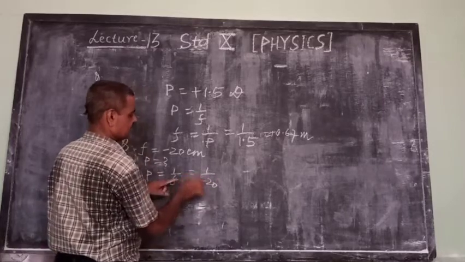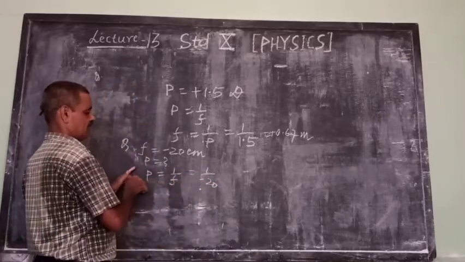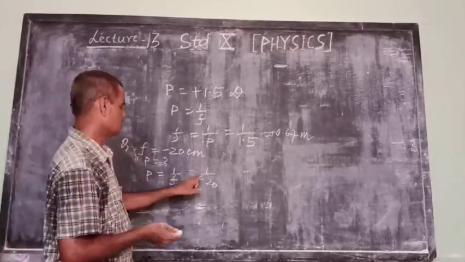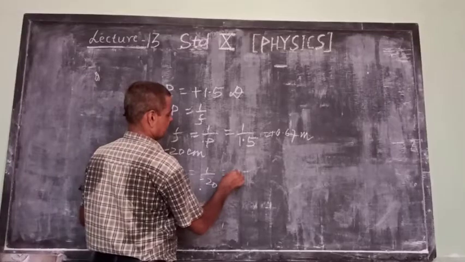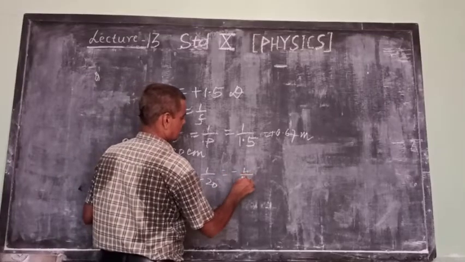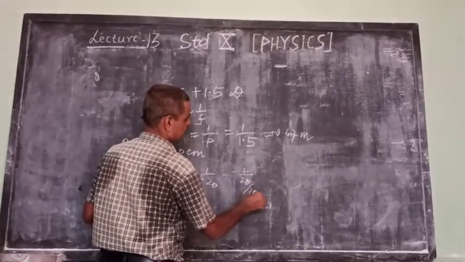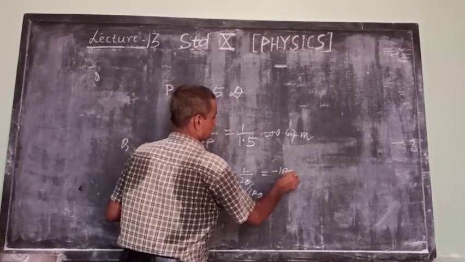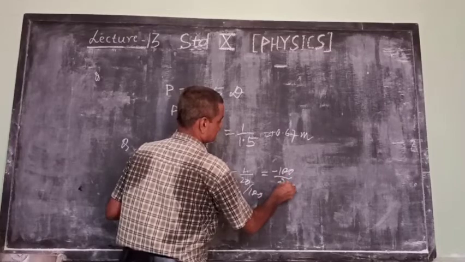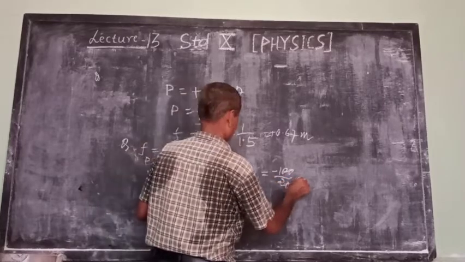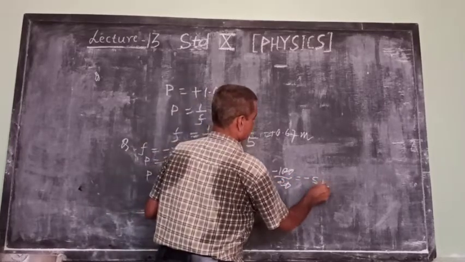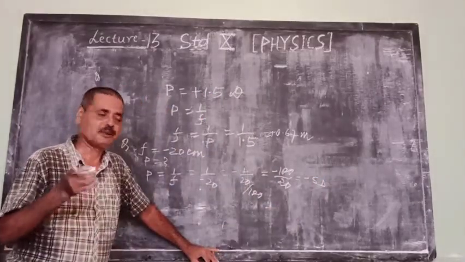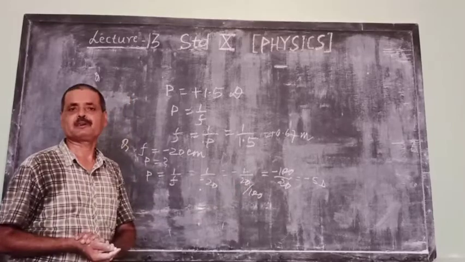This value is in centimeter. The power can be written in diopter if the focal length is in meter. So I can write it as minus 1 by 20 by 100. This will be 100 by 20, so this will be minus 5 diopter. Hence the power of the given lens will be minus 5 diopter.